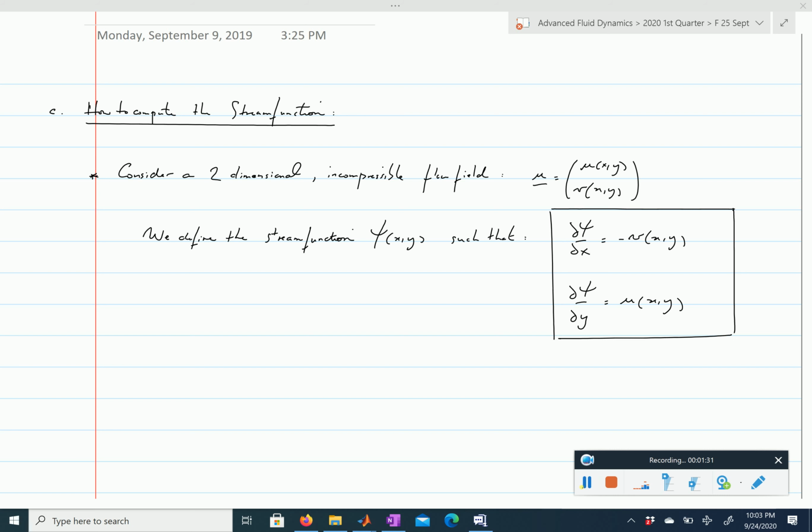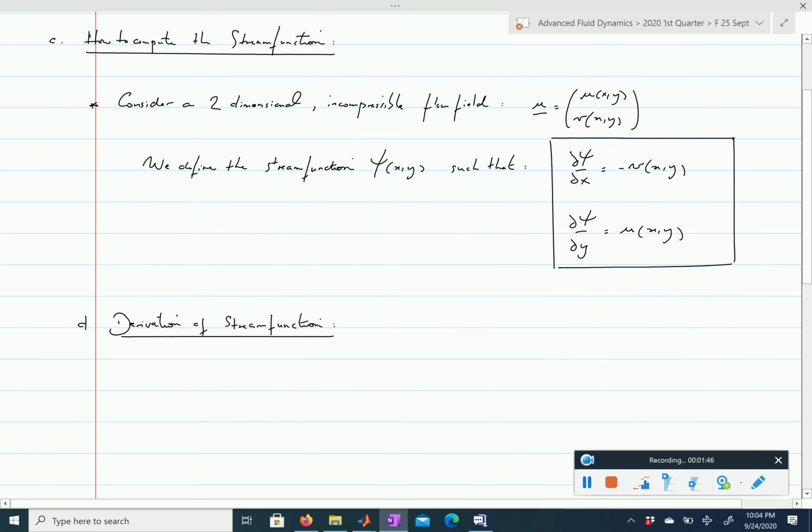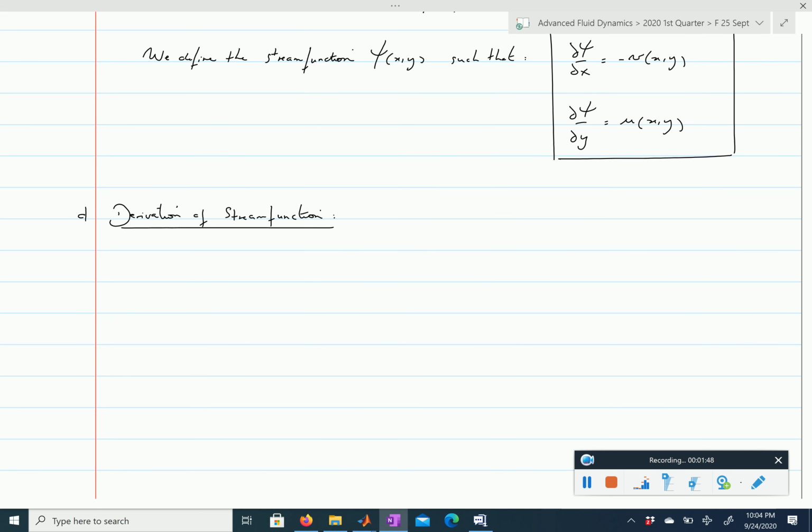Alright, so this is what you need to know if you want to compute the stream function, but in the following I will discuss how you can explain that this formula gives you a stream function. So remember earlier we said a stream function is a function such that the contours of the function correspond to streamlines.